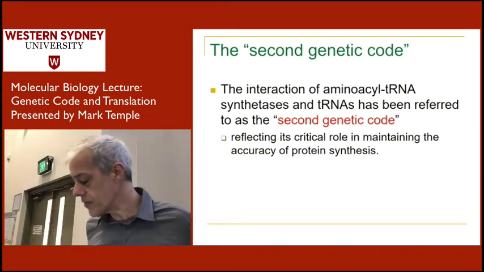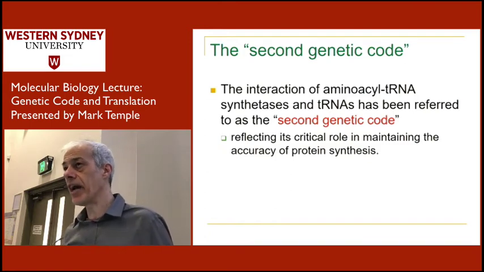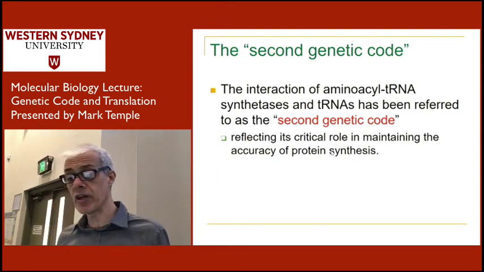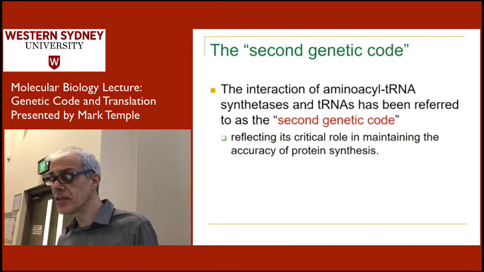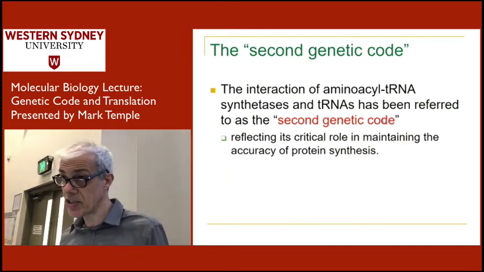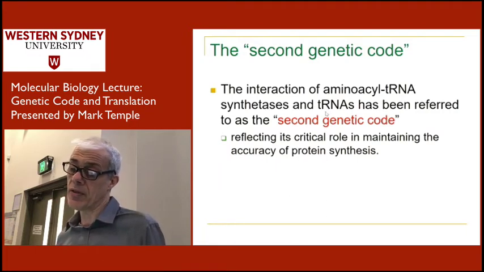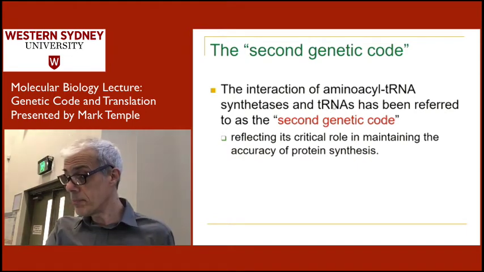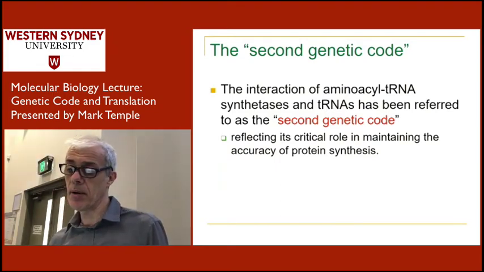So it's very important that the right amino acid is attached to the right transfer RNA, because whatever's put there is going to be added to the protein based on that codon-anticodon recognition. So the way the aminoacyl-tRNA synthetase recognizes a transfer RNA is said to be the second genetic code, because it plays a vital role in determining that specificity has to be correct, because whatever amino acid is attached will then be added to the protein when the anticodon-codon base pairs.